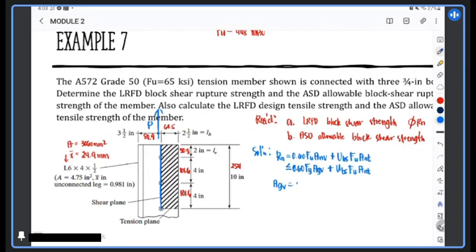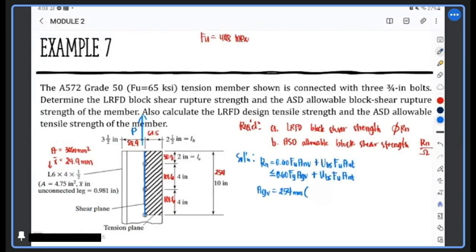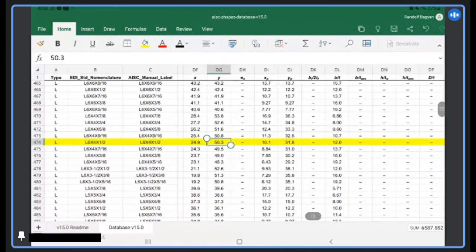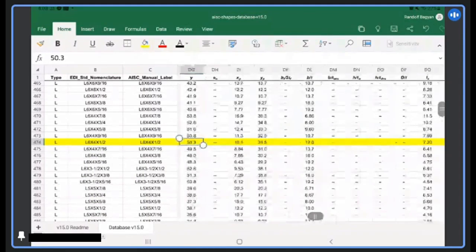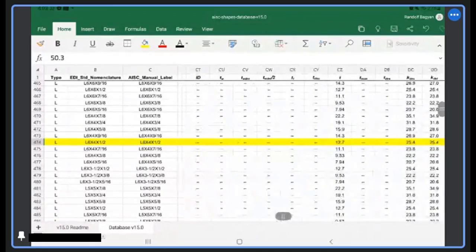So it is 254 mm multiplied by the thickness. What is the thickness? We have to look at the AISC. Although it should be correct that it is equal to 1/2 pa din. But let's just check. Thickness is 12.7. That's 1/2 inch.